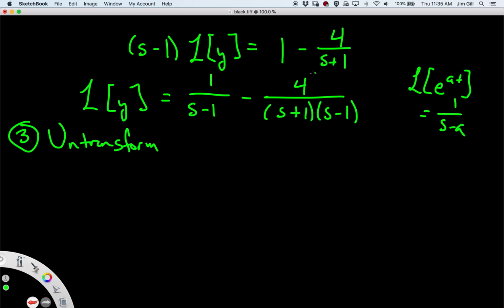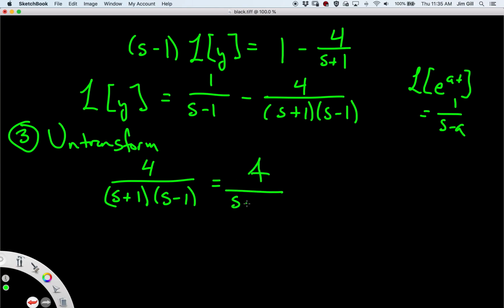So what we need to do is a partial fraction decomposition here. So 4 over s plus 1 times s minus 1 is equal to some a over s minus 1 plus some b over s plus 1. And when you solve that using the techniques you've learned before, we have 2 over s minus 1 minus 2 over s plus 1.